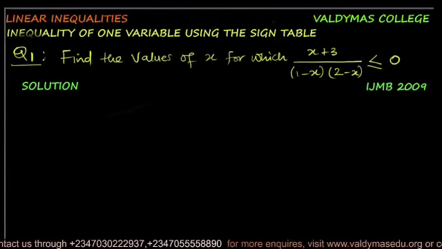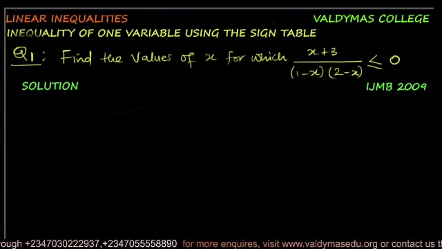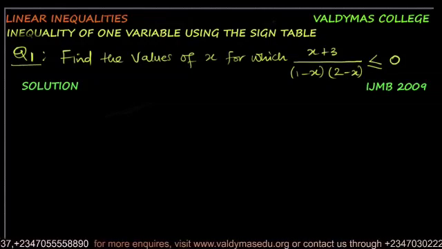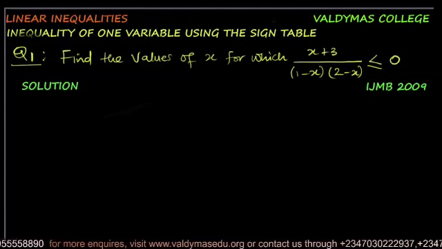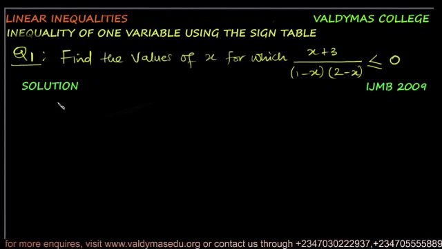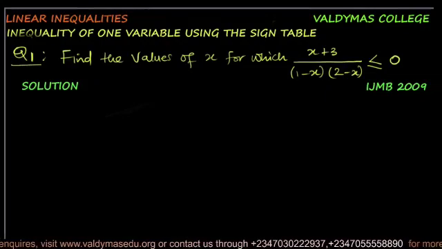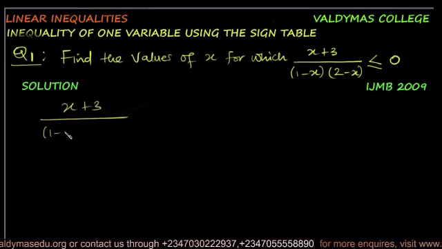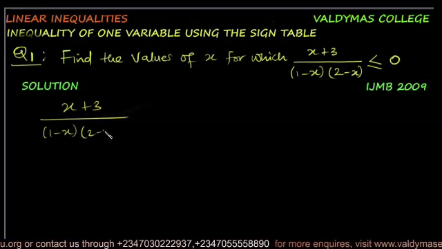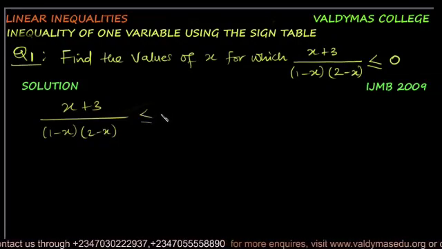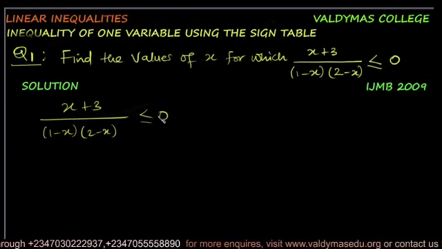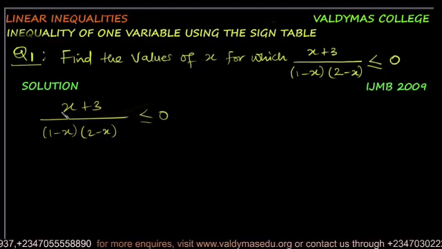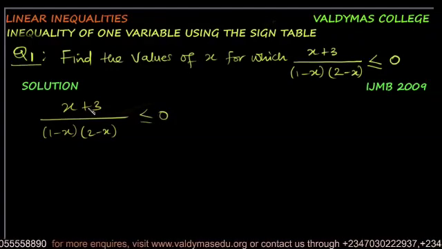Find the values of x for which (x plus 3) over (1 minus x)(2 minus x) is less than or equal to 0. If you have a question like this, the first thing you do is equate each of these expressions to 0.